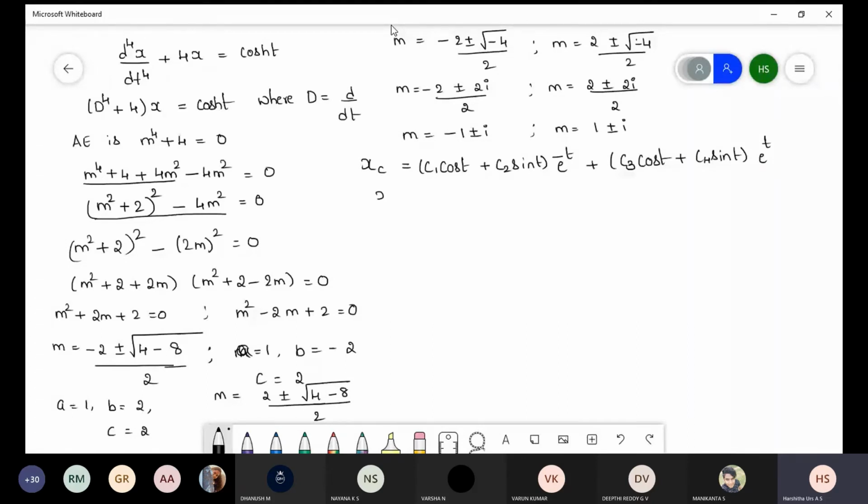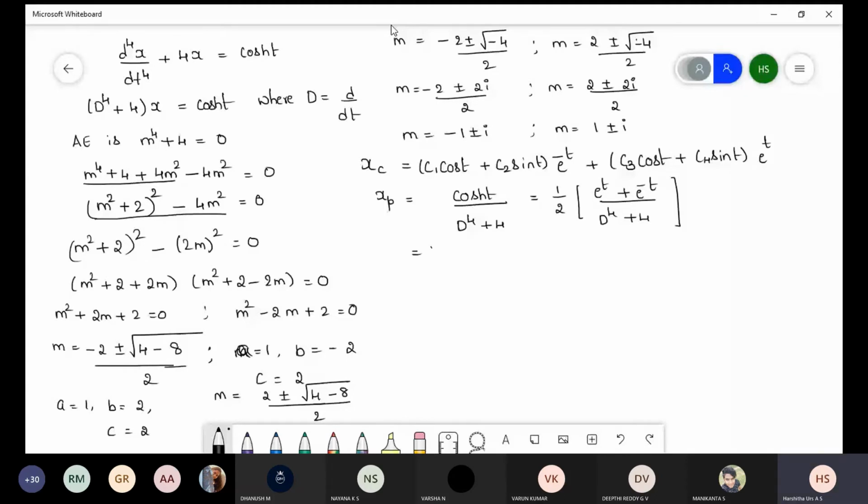Now xp means particular integral: cos hyperbolic t divided by d power 4 plus 4. As I already wrote in the previous question, cos hyperbolic t means 1 by 2 into e power t plus e power minus t, divided by d power 4 plus 4. I just split this individually, so it will be easier for us to substitute.